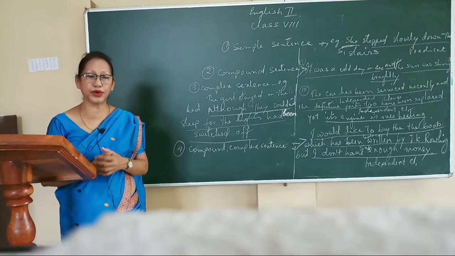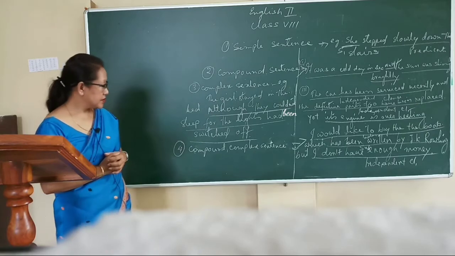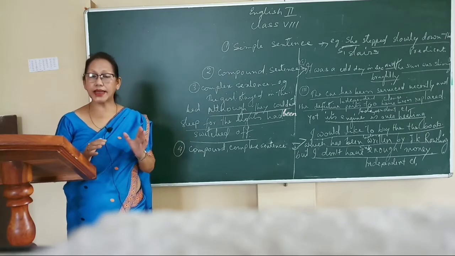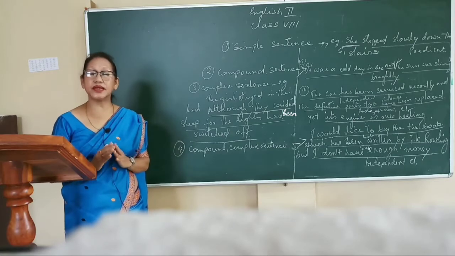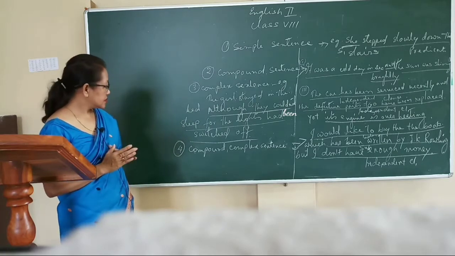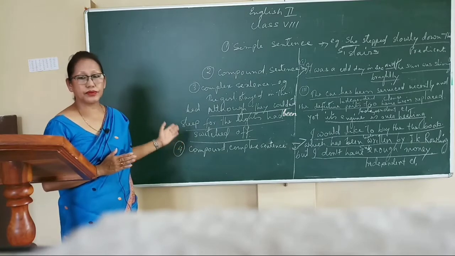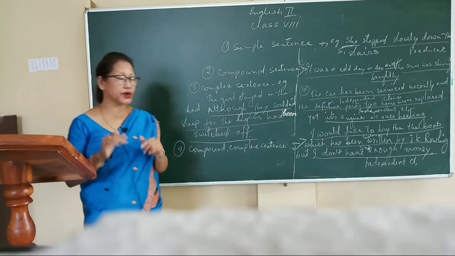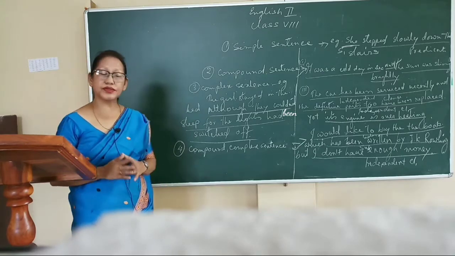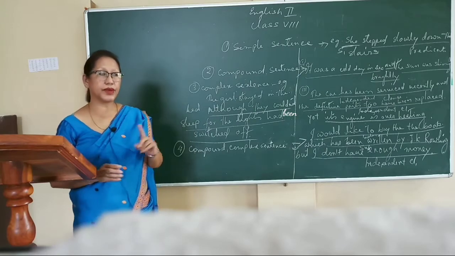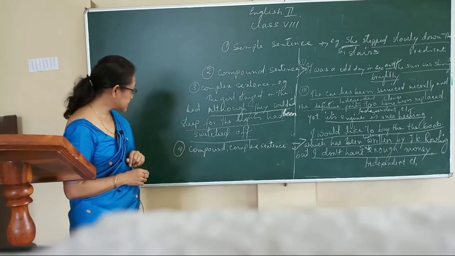Well, now what is a subordinate clause? A subordinate clause cannot stand by itself. It always needs help to stand, the help of the main clause, that means the independent clause. In short, a subordinate clause cannot stand by itself. It needs the help of an independent clause to stand.